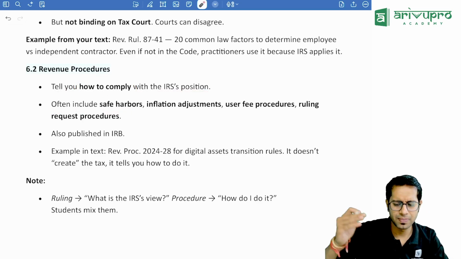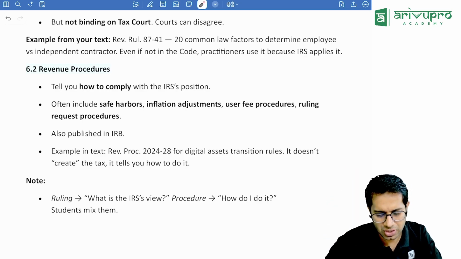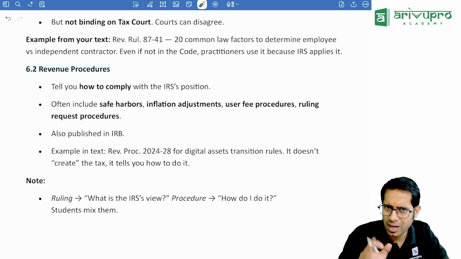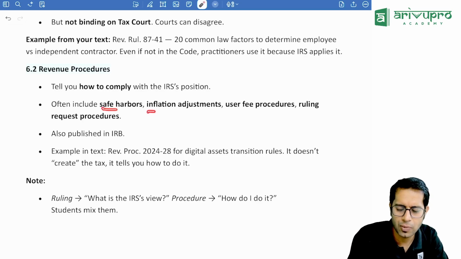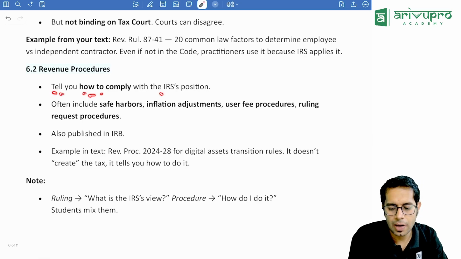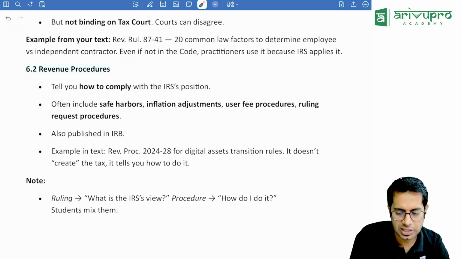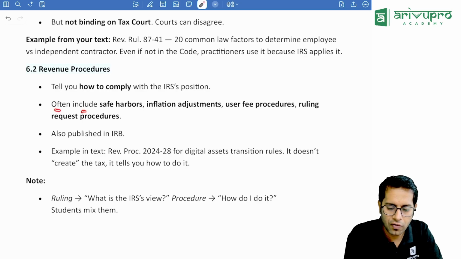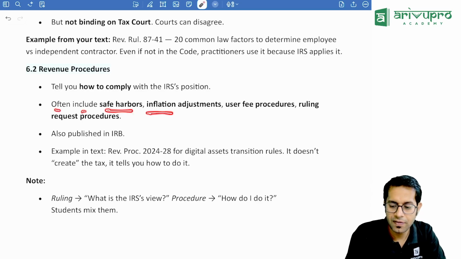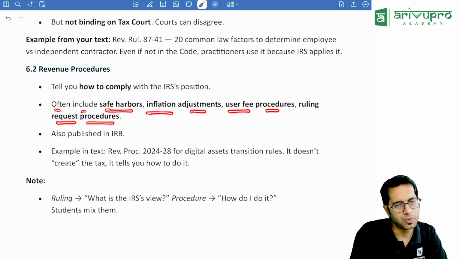If you have studied the first part, you will be knowing these words. They often include safe harbor rules, inflation adjustments, user fee procedures, ruling request procedures, etc.